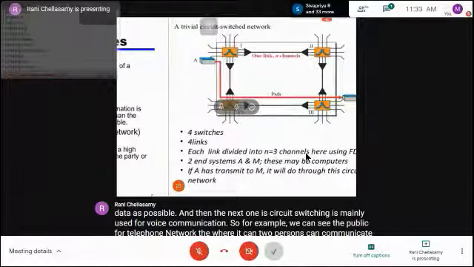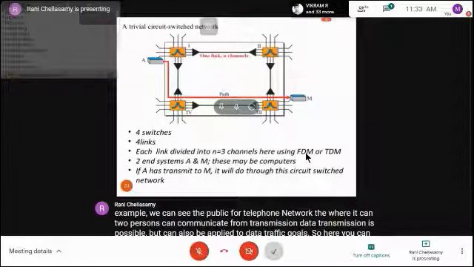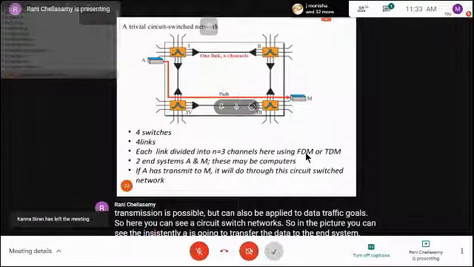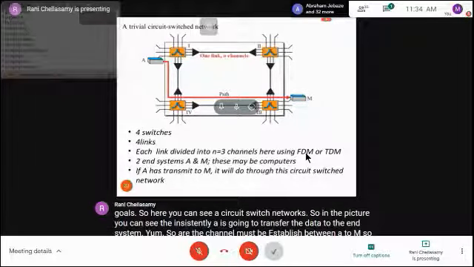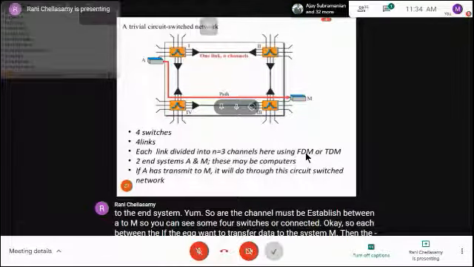Here you can see a circuit switched network. In the picture, end system A is going to transfer data to end system M, so a channel must be established from A to M. You can see four switches connected. If A wants to transfer data to system M, there should be a link establishment to make the communication possible.